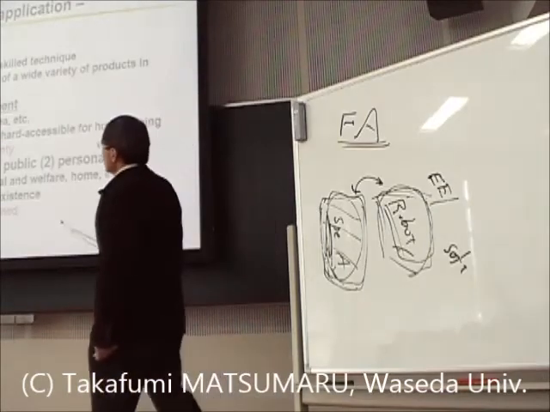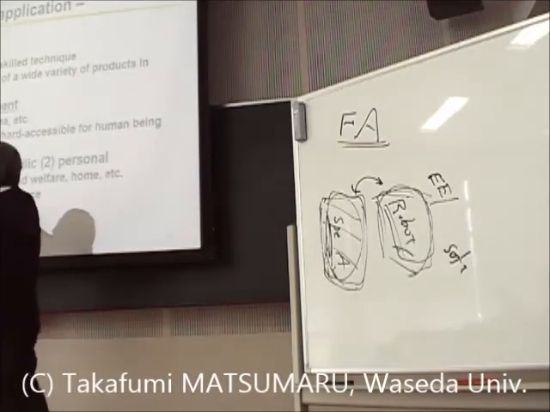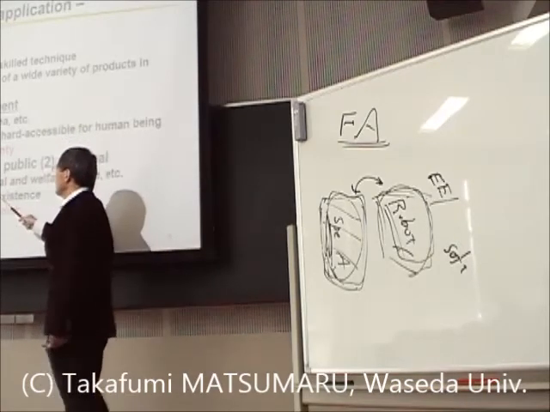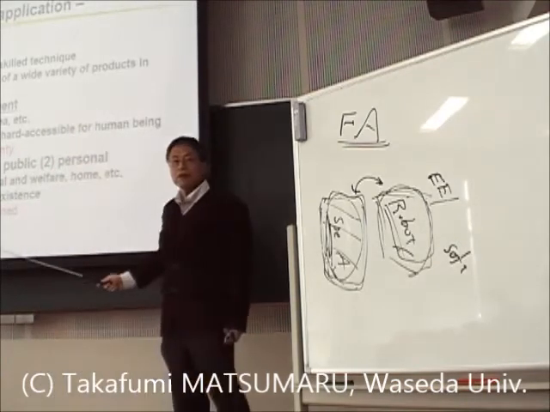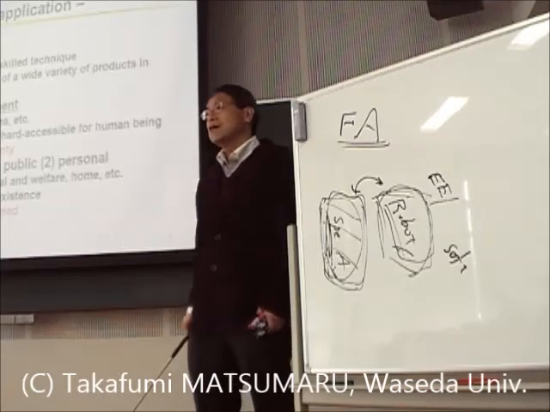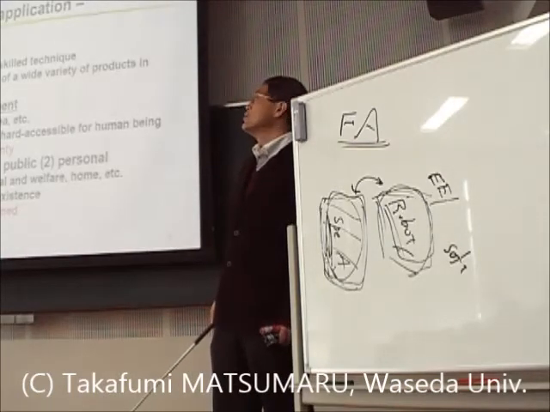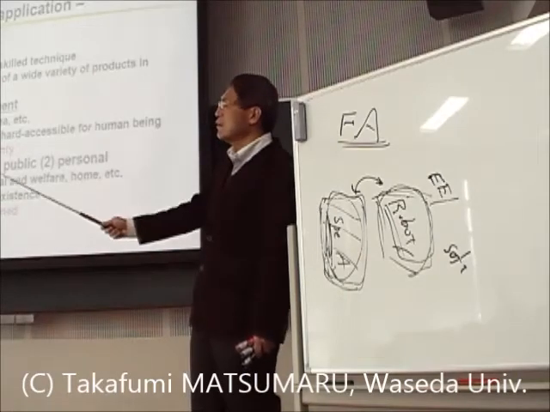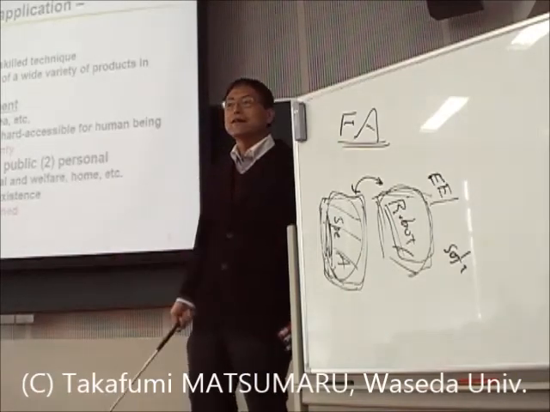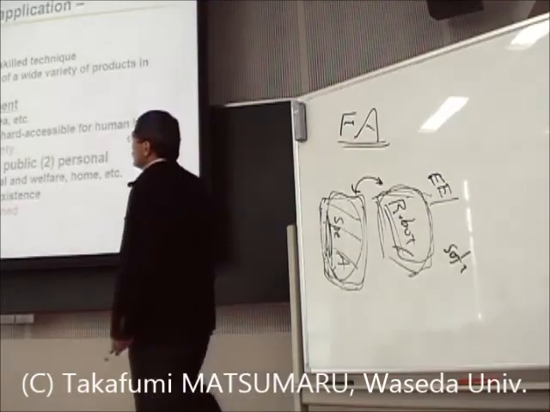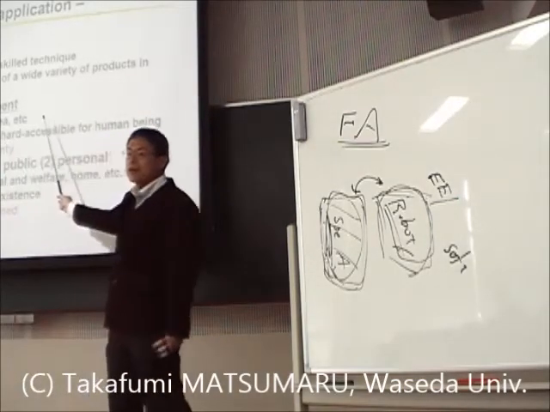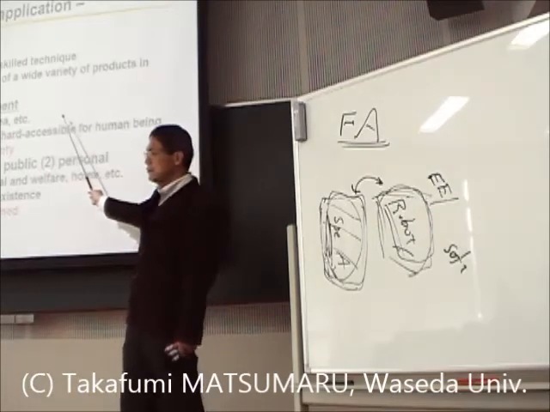Okay. So in that place, the robot works in place of human being. So therefore, the workability, reliability, certainty, and so on is necessary. So we ask this robot to carry out that task certainly, surely. So the workability, reliability, and so on is very important for this kind of robot.